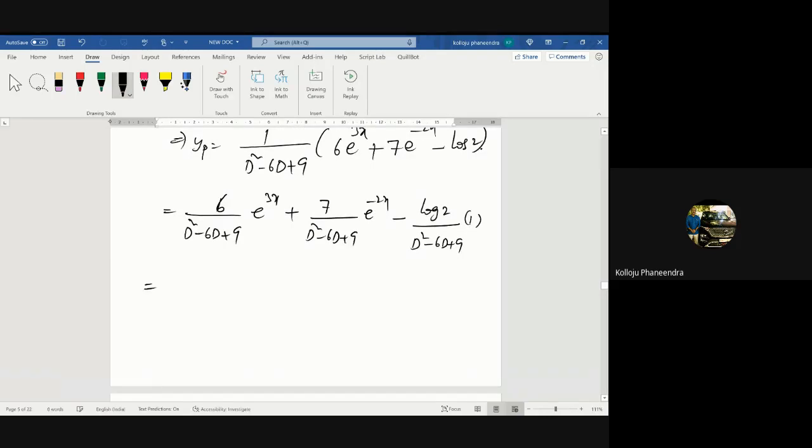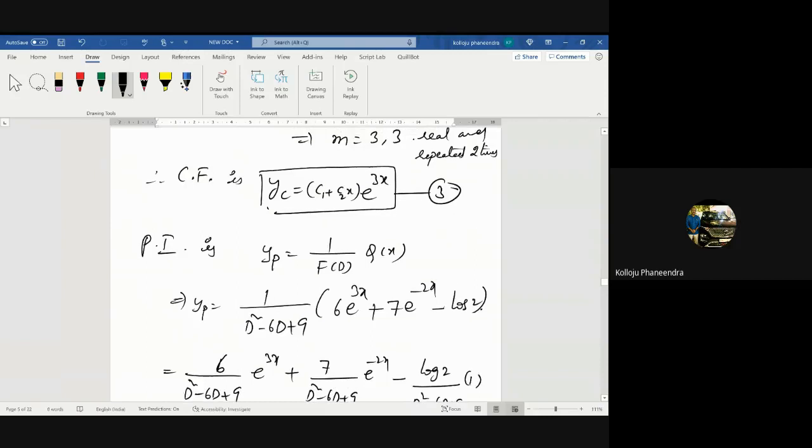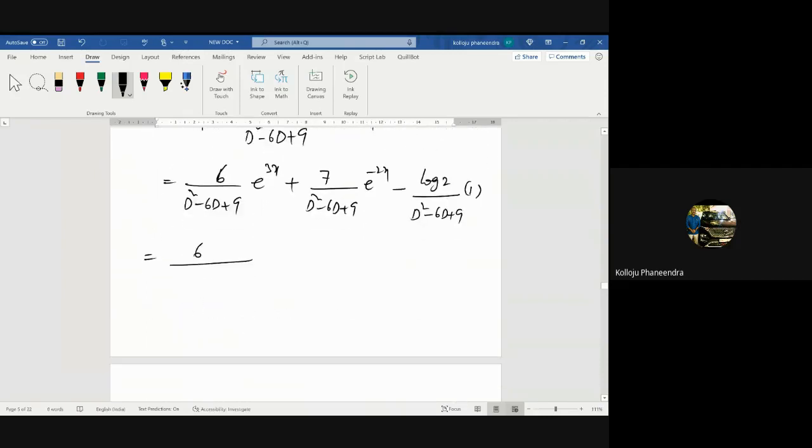Now first, replace D by 3. Already 3 is the root, so definitely this denominator will be 0.